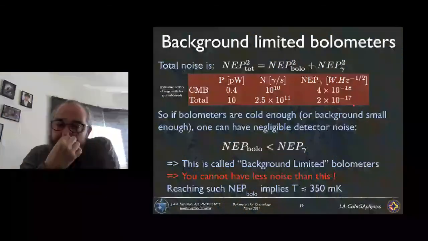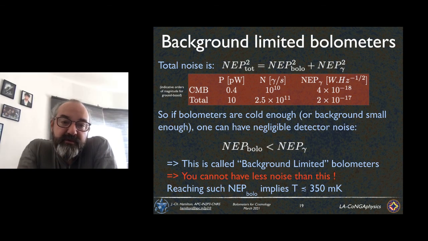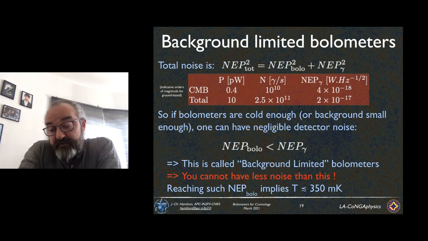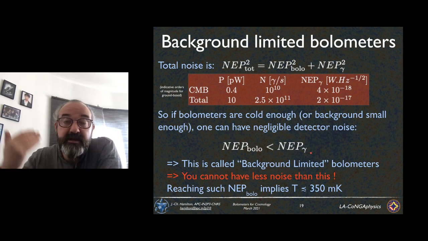Okay? So now, if your bolometers are cold enough, you remember that we have seen that the detector noise goes down with temperature. So if the detectors are cold enough, or if your background is small enough, then you can achieve a situation where you have negligible detector noise, where the noise equivalent power from the bolometer is lower than the intrinsic noise of the signal you're looking at.